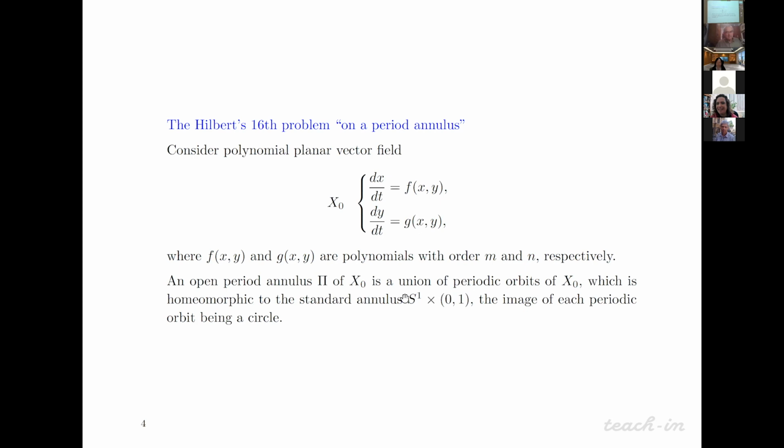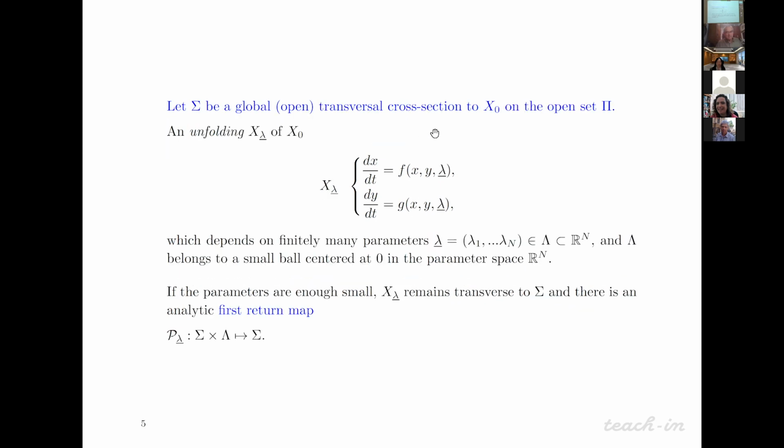If we consider an unfolding of this vector field X0, we can choose a global transversal cross section to X0, with the unfolding having a number N of parameters. So we can define the Poincaré map, or first return map.